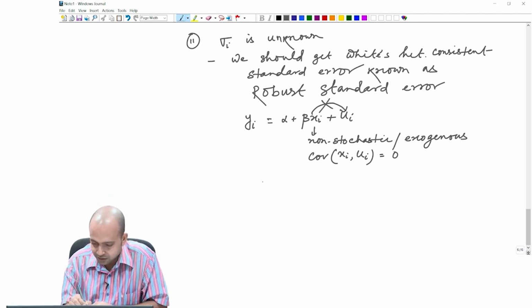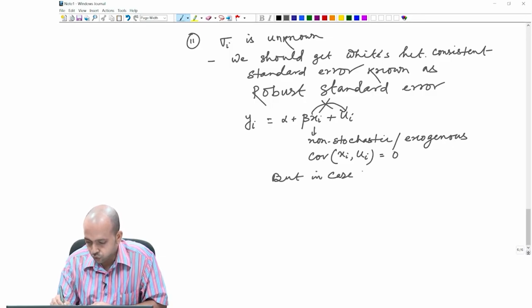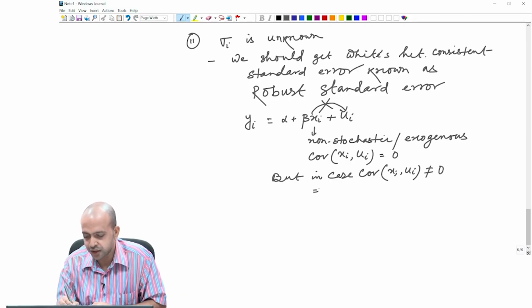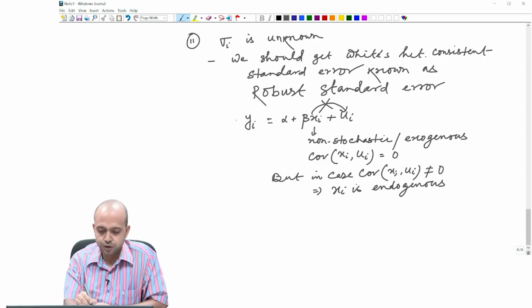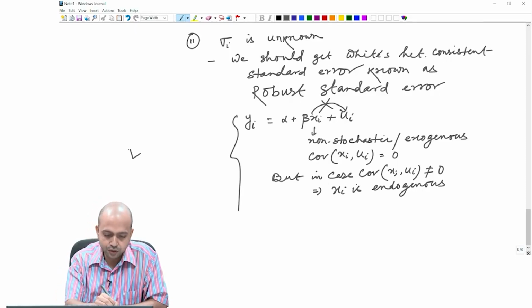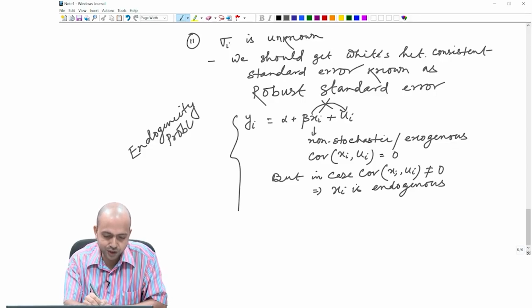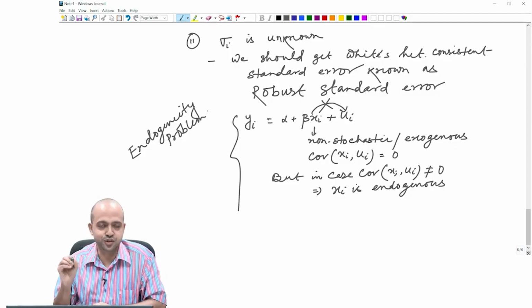But in case covariance between xi and ui is not equal to 0, then xi is called endogenous, and it will lead to an endogeneity problem. If you have this endogeneity problem in your data set, then your OLS method is not applicable.